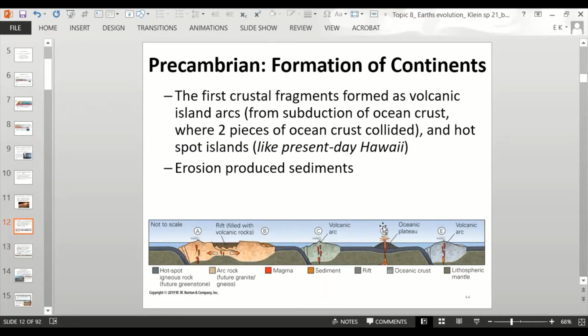Also, you had hot spots where you had magma rising to the surface, forming crustal pieces. And then these crustal pieces started to collide eventually. Also, you had erosion that produced sediments coming off of these crustal pieces. So these were the early crustal pieces, and they were more mafic at this point. It was more mafic rocks.